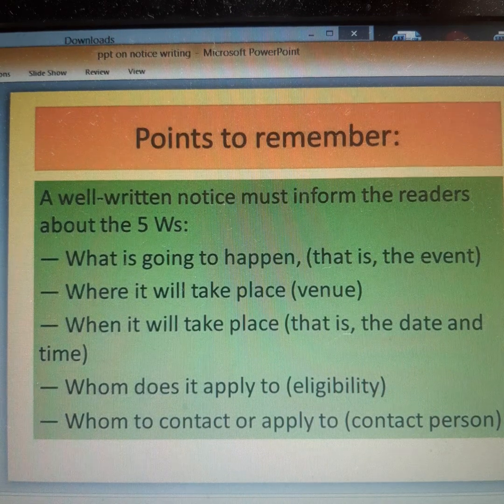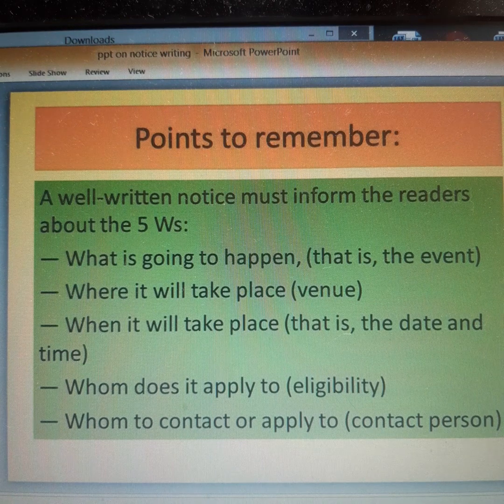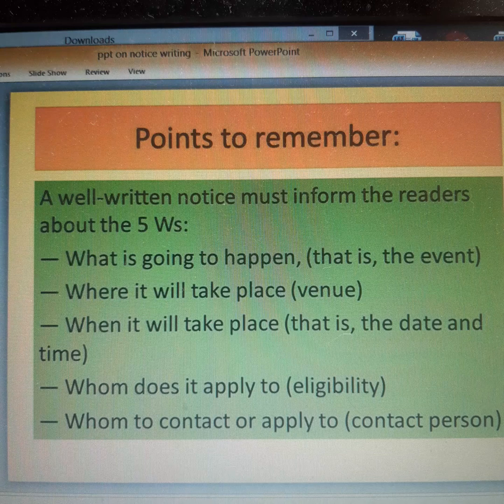There are a few points that we must keep in mind while drafting a notice, children. Under the content, I have already told you that we have to answer the questions to the 5 W's. What is going to happen? That is, we have to mention the event.